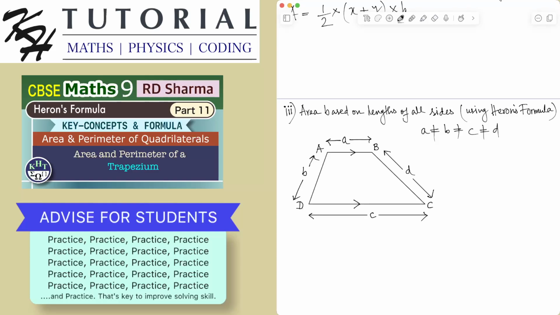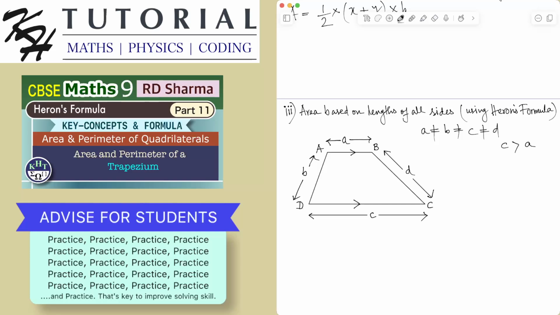So how do we find then the area of this trapezium? The concept is that, the way I have drawn the figure, the length of DC is greater than AB. So DC is the greater parallel side.